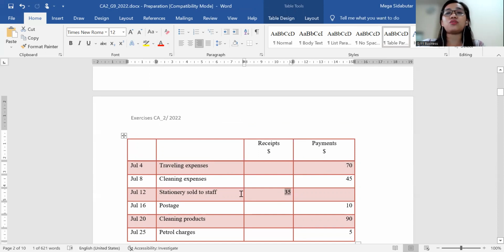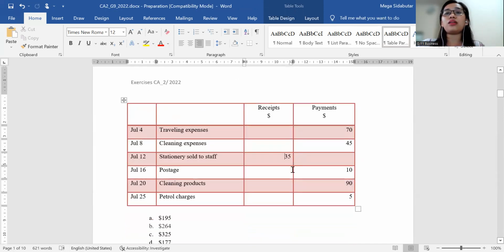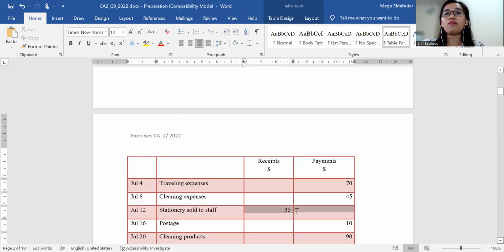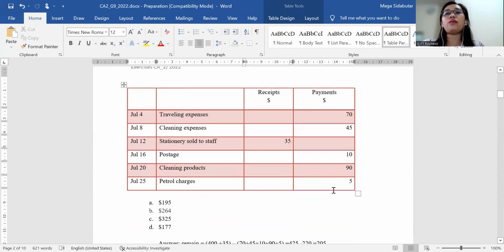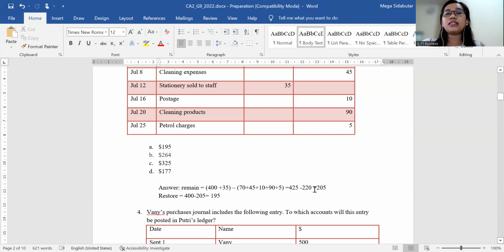It is stationery. So we need to add that. At the first time we have 400, so we need 400 plus 35, and then we minus all the payments. This is the remaining money that we still have. The question is how much we need to restore. Remember, in petty cash, we need to make sure that each month they will have 400.